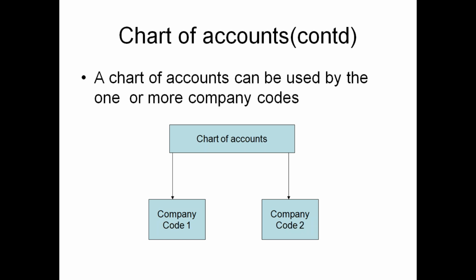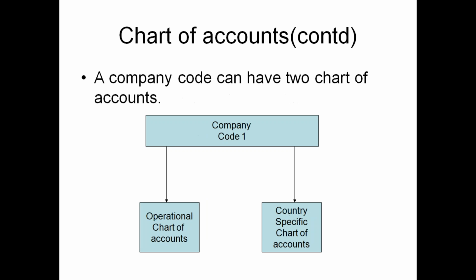We can assign a single company code to the chart of account, and we can also assign multiple company codes. Then, a company code can have two charts of account: one is your operational chart of account, the standard one, and the second is your country specific chart of account.